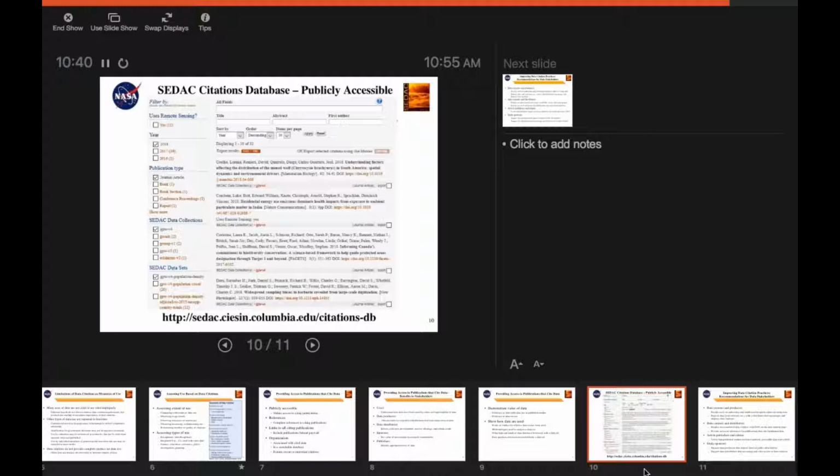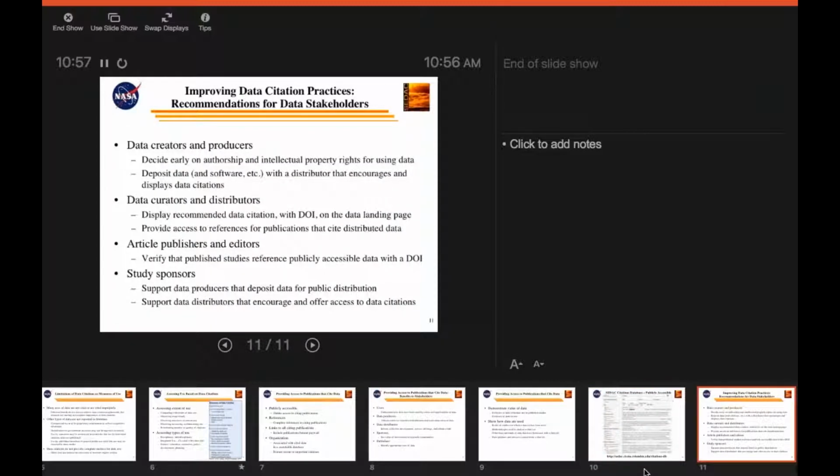Originally, when people started citing that, this has been going on since the mid-90s, a lot of the citations to GPW were actually citing the fellow who came up with the methodology for making gridded population data, Waldo Tobler, who passed away just a few years ago.